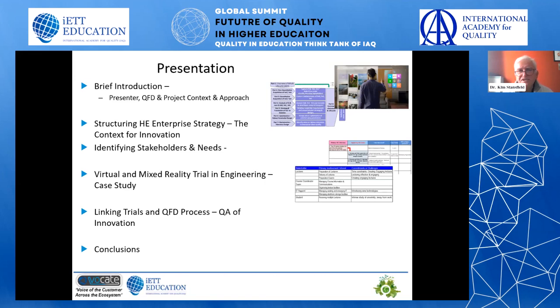I'll then start to look at some of the quality assurance methods that QFD brings that provided context for the project, particularly structuring of the higher education enterprise strategy and how that deploys to give the context for innovation within education. I'll then look briefly at the identification of stakeholders and needs.